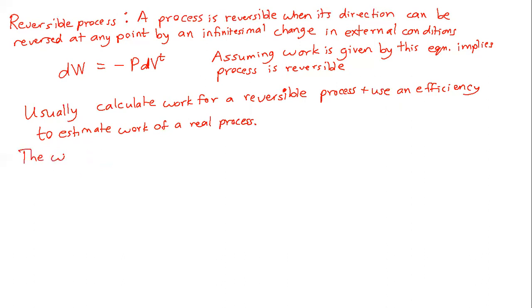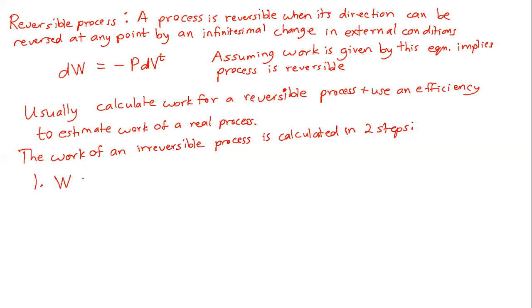And so let me make a statement about this. The work of an irreversible process is calculated in 2 steps. I'm taking this verbatim from the Smith, Abbott, and Van Ness book.